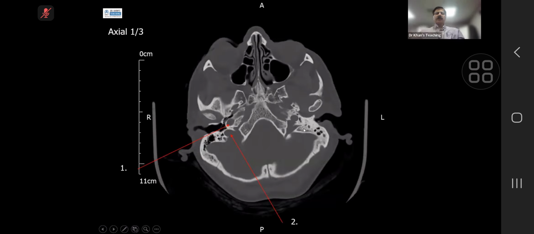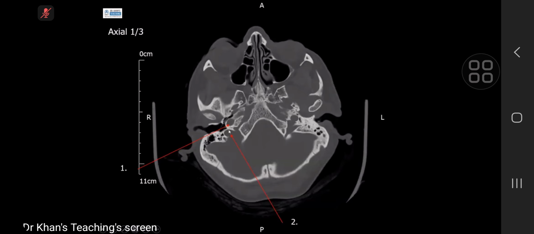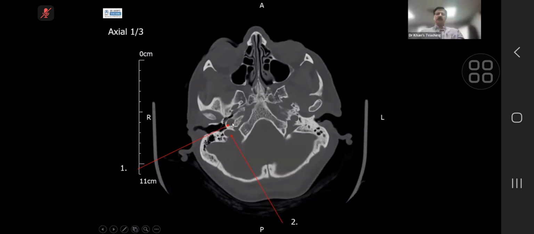Okay, so candidate 1, anatomy question. What is this? Which foramen is this? That's the jugular foramen. And what is this?